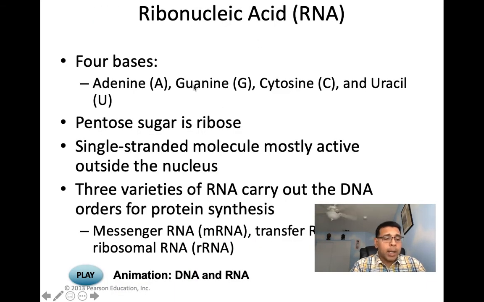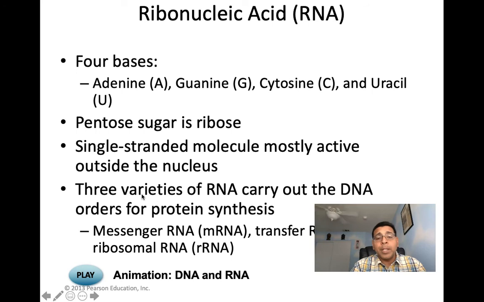RNA, when we talk RNA, is going to have 4 bases. So in place of thymine, here we have uracil. So AUCG when you talk binding. The pentose sugar, ribose sugar we said. RNA is a single-stranded molecule. It's mostly active outside the nucleus. We're going to look at that.